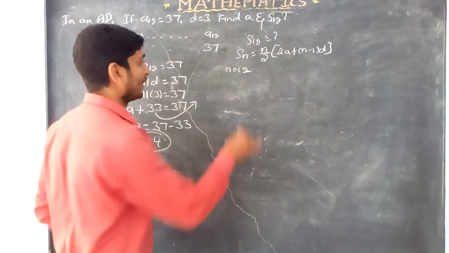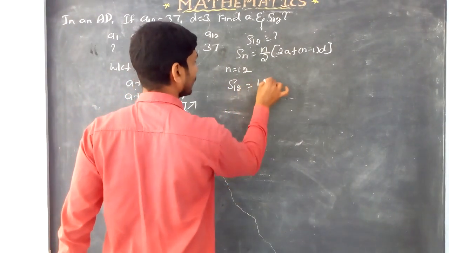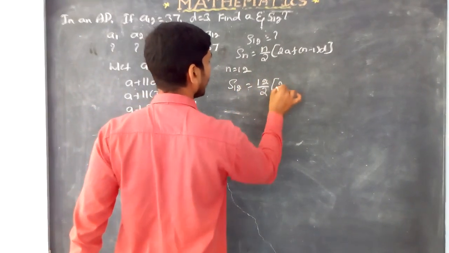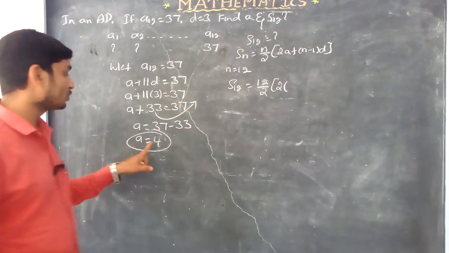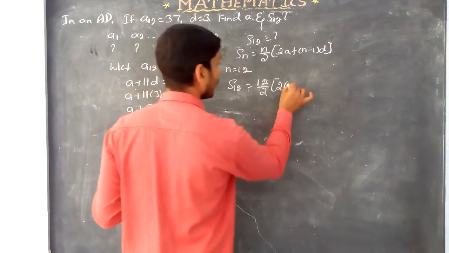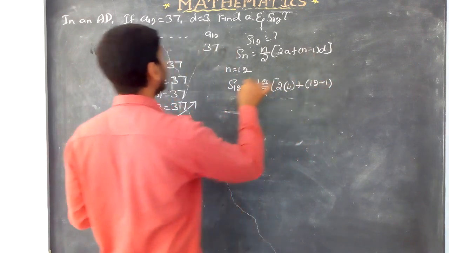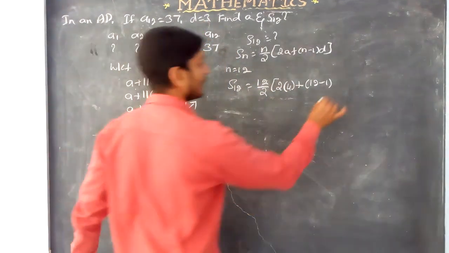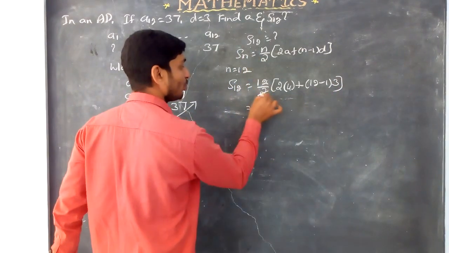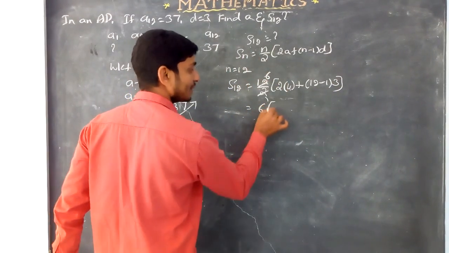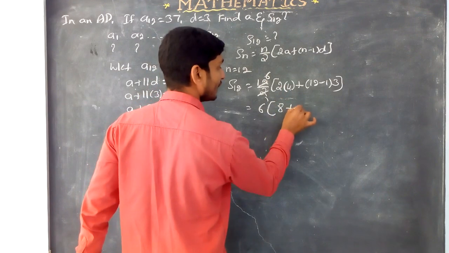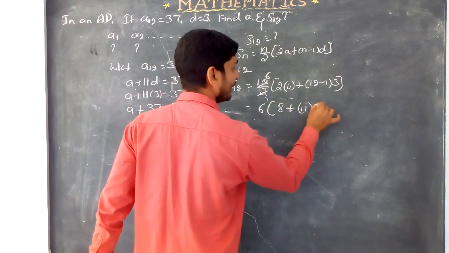Sn ಬೇಕಾಗಿರಲ್ಲ, I need S12. ಹಾಗಾದ್ರೆ S12 is equal to 12 by 2 into 2 into a. What is a? 4, plus n minus 1 means it is 12 minus 1 into d. What is the common difference of the AP? D is 3. Now simplify. 2 1s are 2, 6s are 6 into 2 4s are 8 plus 12 minus 1 means it is 11 into 3.